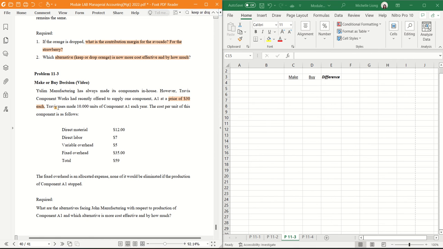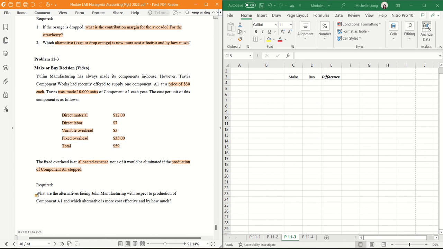Travis uses 10,000 units of component A1 each year. The cost per unit of these components is as follows. We have this all, and the fixed overhead is an allocated expense. None of it will be eliminated if the production of component A1 is stopped.